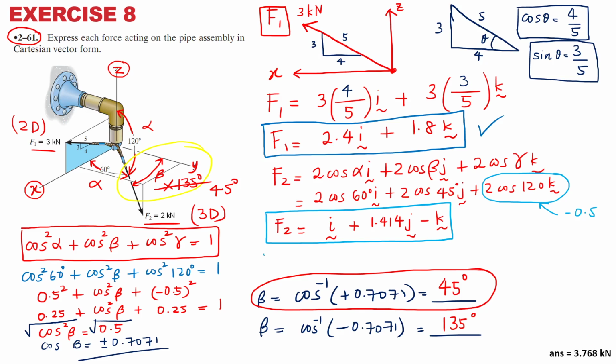So now you have to do the summation, which is F1 plus F2. Summation would be F1 plus F2. Let me write down properly.